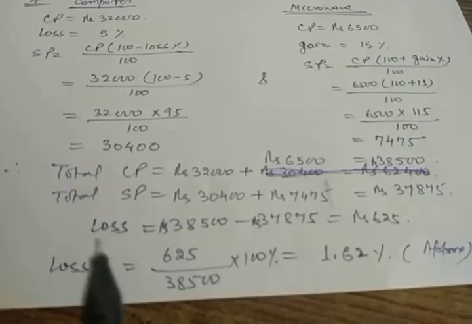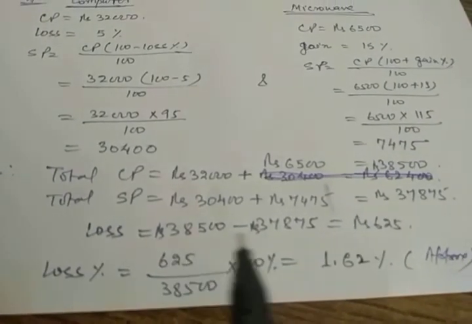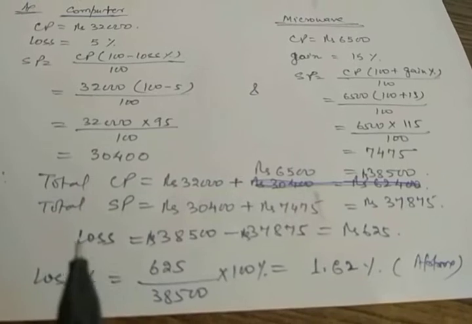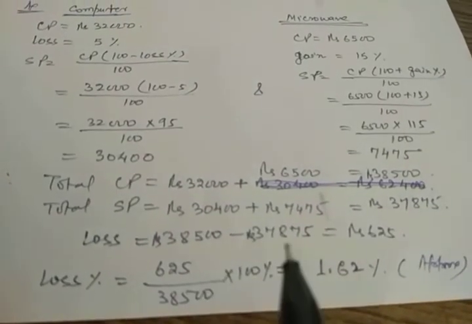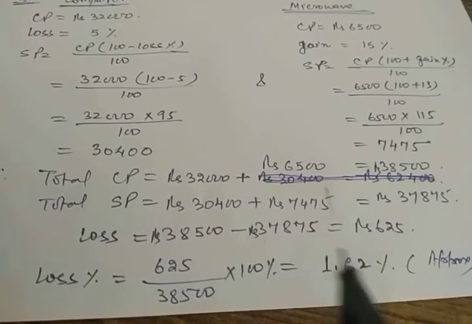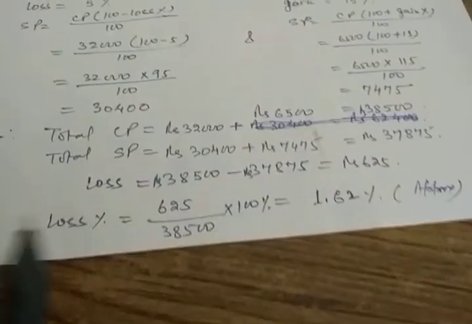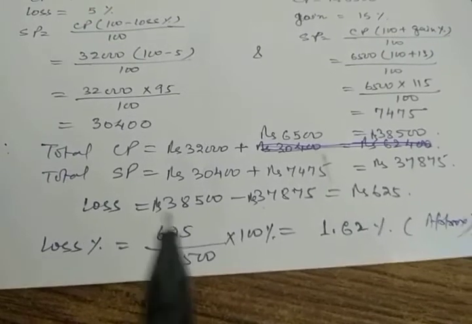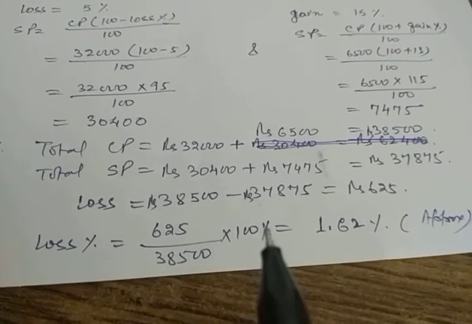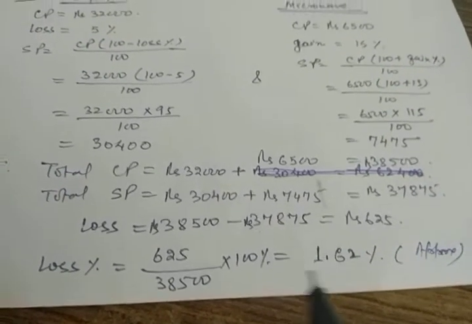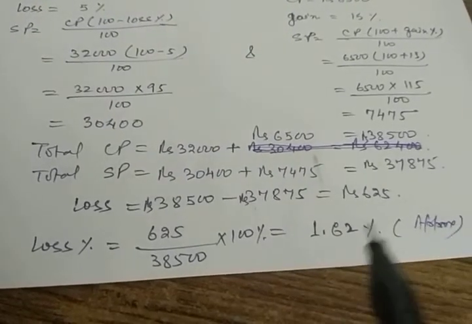So that is loss. Loss is CP minus SP. So loss of how much? 625. We can calculate our loss percent. Loss by CP into 100. So it comes to about 1.62%.